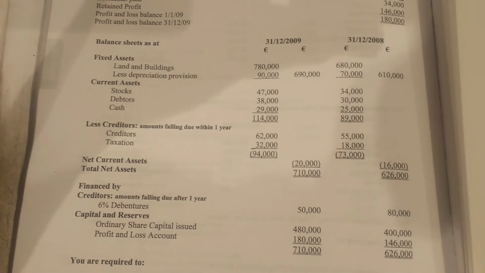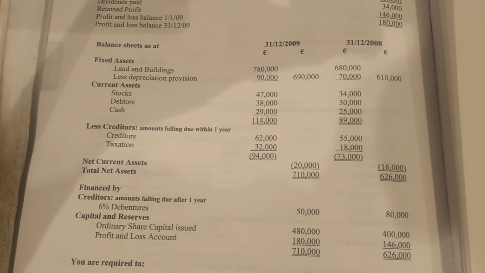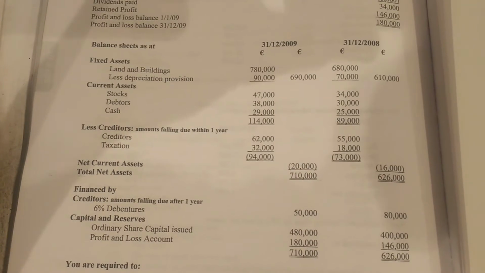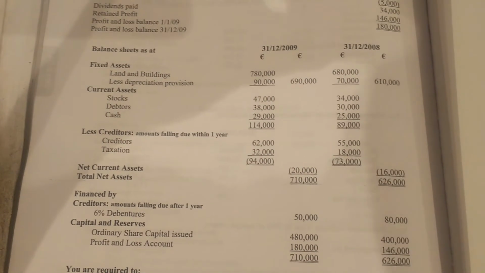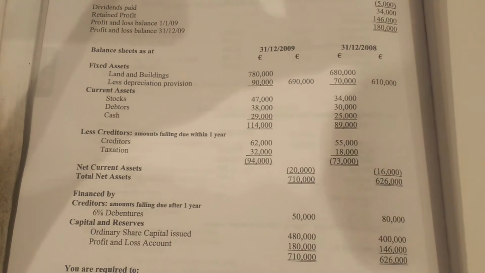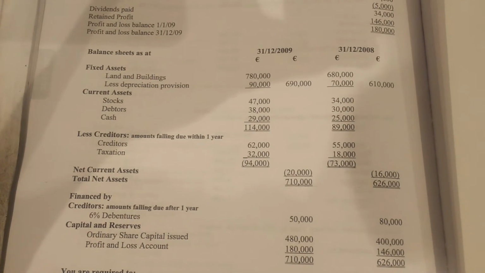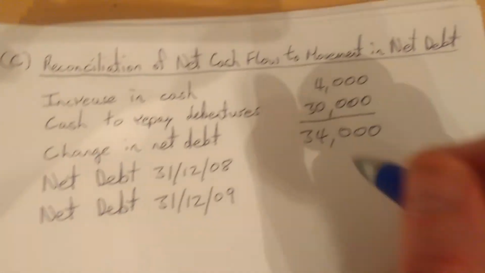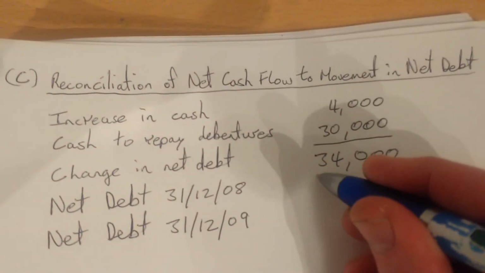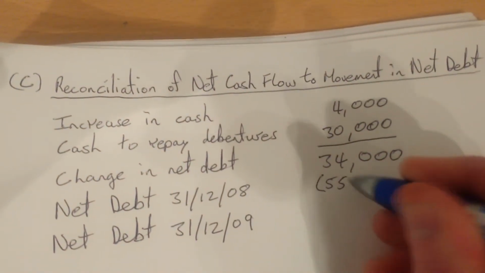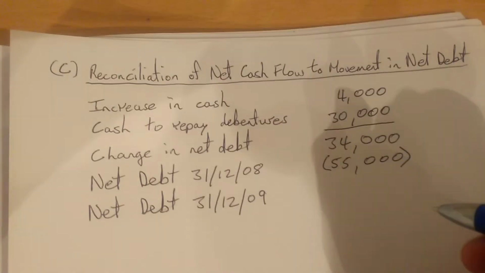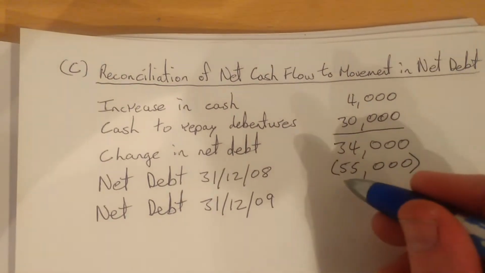And then we have cash in the bank of 25,000, so we consider that like we have plus 25,000 cash. So that minus 80 and the plus 25 gives us a total of minus 55. So we put that in over here as our net debt on the 31st of the 12th, minus 55,000. So that's us calculating that net debt figure for the 31st of the 12th, 08.